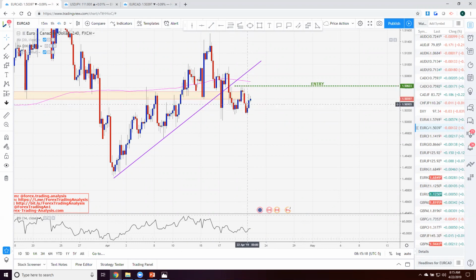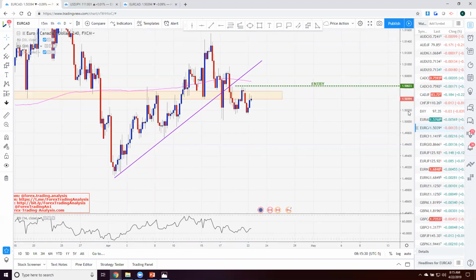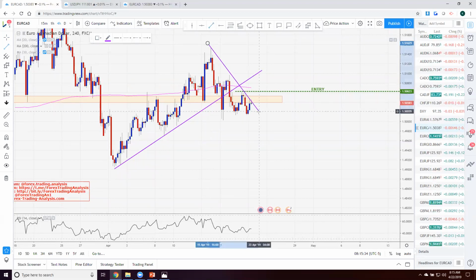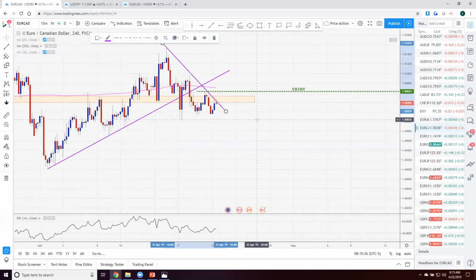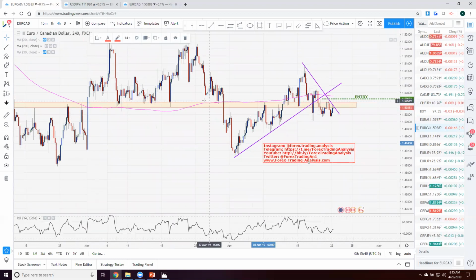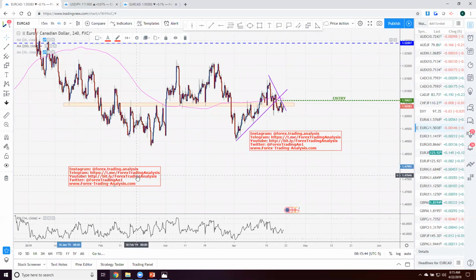And it has chopped around since then, but we did get our 29 pips, I believe, out of that. So looking for it to continue to reject this resistance and continue down. So we'll see what that ultimately does, and if we continue lower from here. That was one of our current trades on the pair.